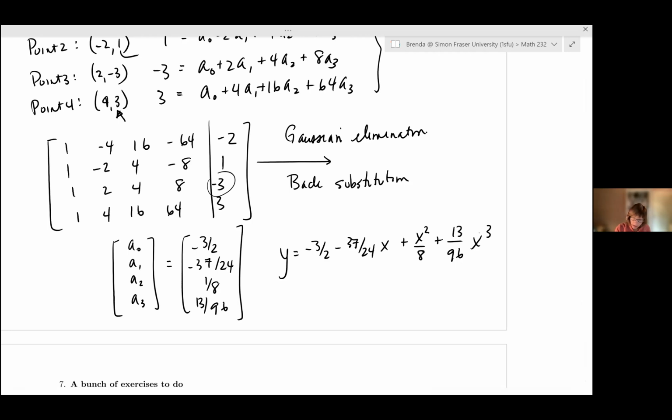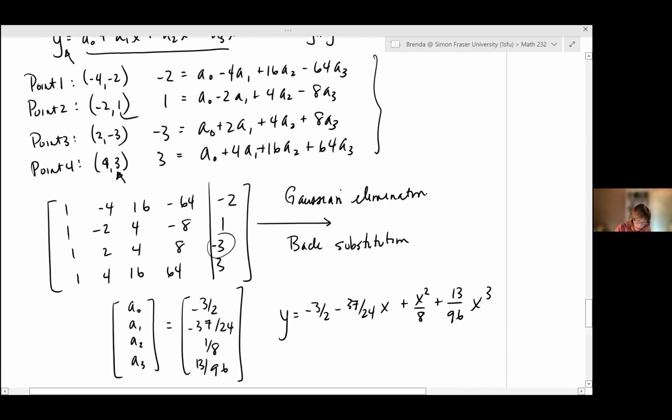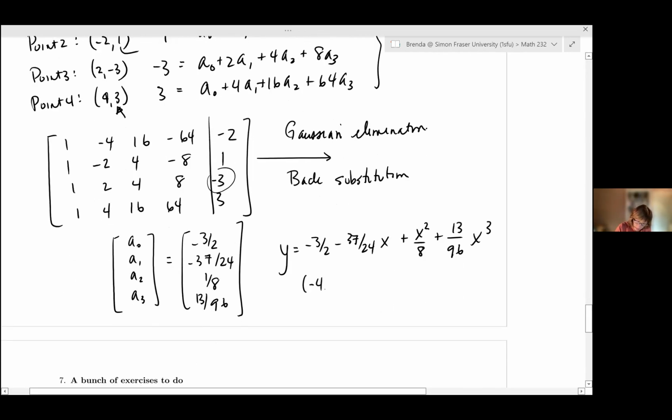You could check that, right? You could take that very first point that we talked about, -2, -4. You could confirm by plugging -2 in here, the constant term, and then taking -2 there and squaring it, and then taking -2 there and cubing it, and adding these all together, that you would get -4. So you can definitely check that.